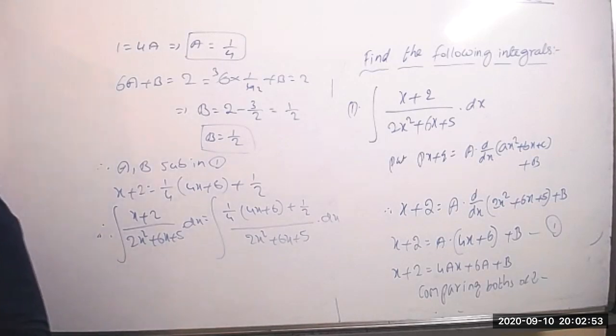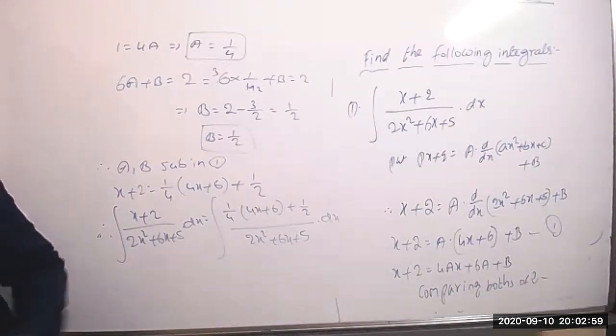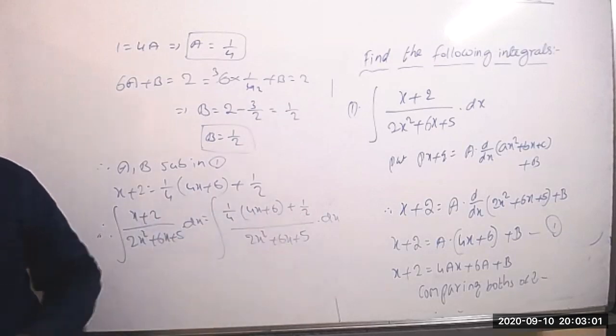We can write now; this ink is also over. I'll get the ink bottle. Write separately. First term by denominator plus second term by denominator.